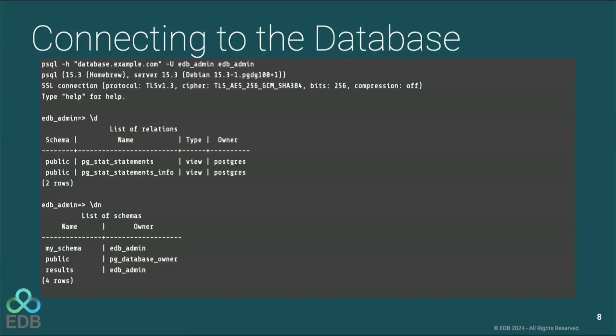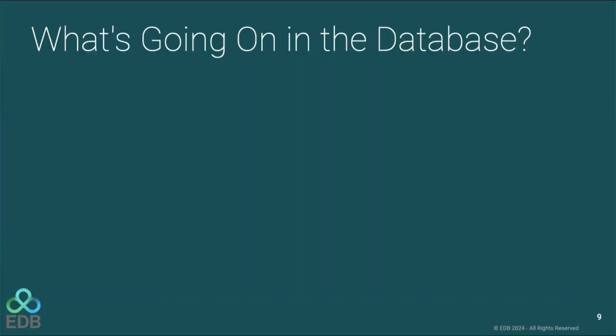So if your table doesn't show up here, what you want to use is \dn to see what other schemas there are. From there, you can see there's a my schema and a results schema. Then I can change the search path to include my schema and results, and when I do \d, it will show all the tables. Okay.